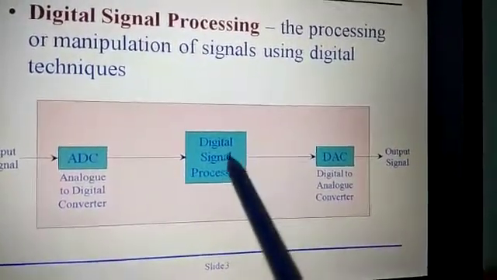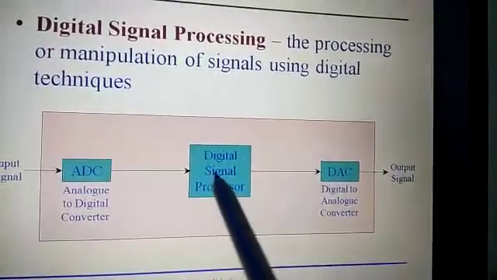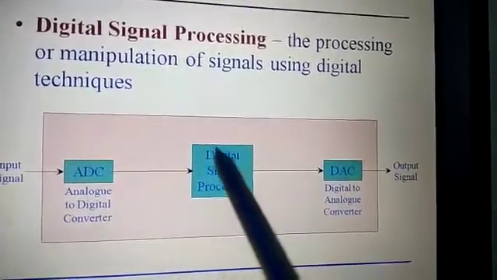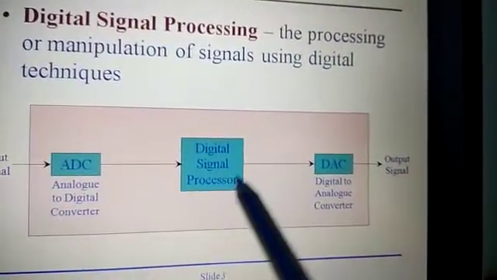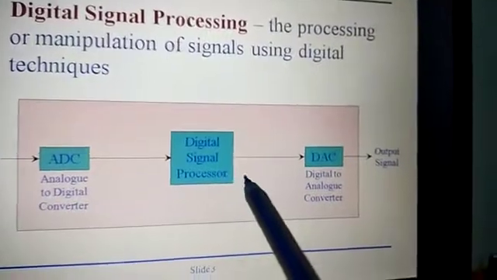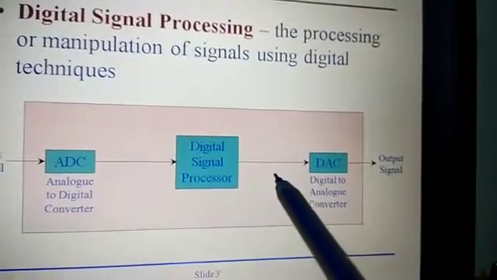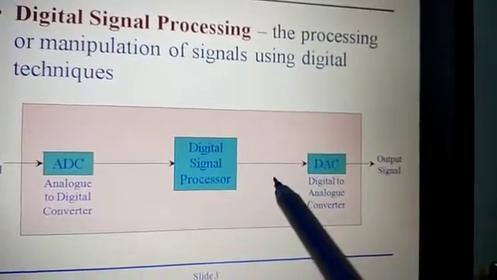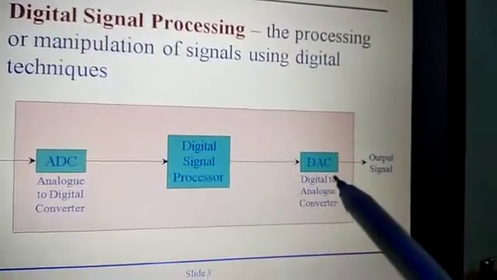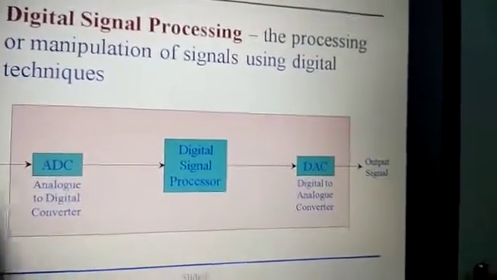It may be digital filters, linear convolution, circular convolution, or FFT, DFT, whatever the operations according to the requirement, that will be processed here, and then we obtain the signal here. This is called y[n], the discrete processed signal, and then we use the digital to analog converter, which will recover the original analog signal.